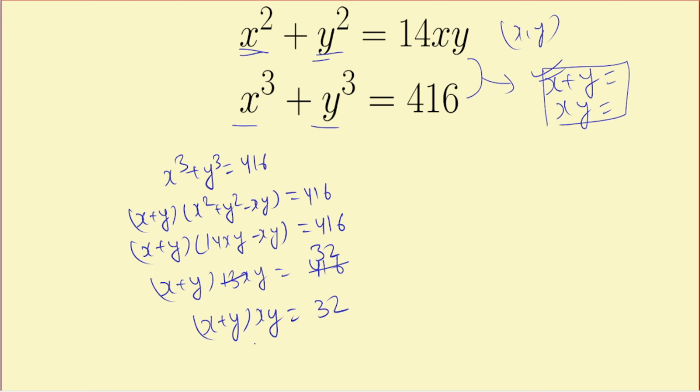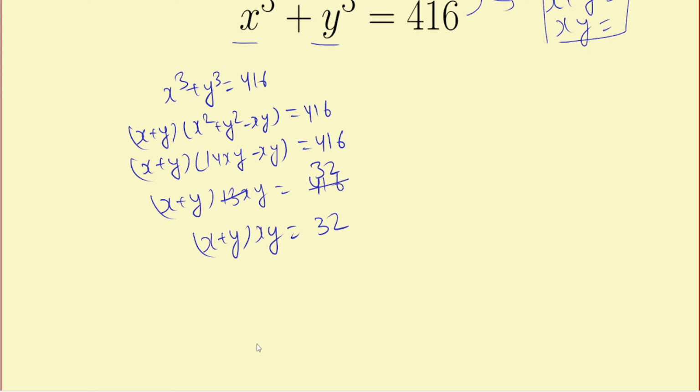Okay, and in the first equation we have x square plus y square equal to 14xy. Okay, if we add 2xy both sides, x square plus y square plus 2xy equal to 16xy.